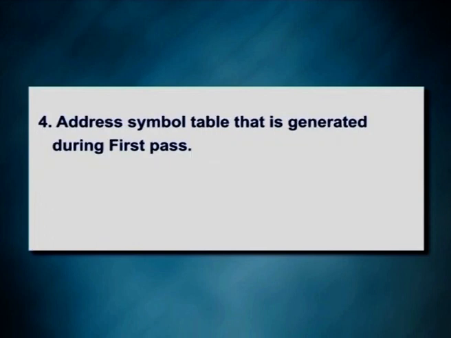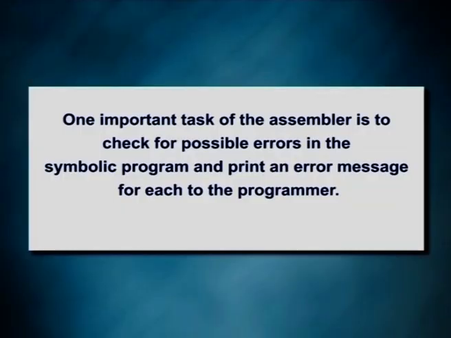Then comes the fourth table. The address symbol table that is generated during the first pass is the fourth table. The assembler searches the 4 tables to determine the binary value of the symbol that is currently processed. One important task of the assembler is to check for possible errors in the symbolic program and print an error message for each to the programmer.